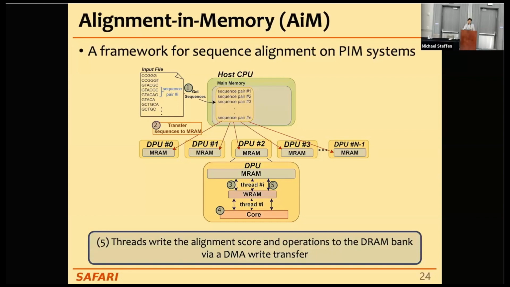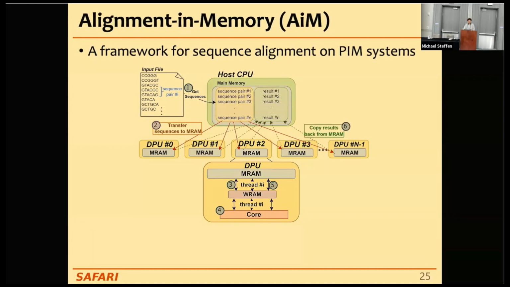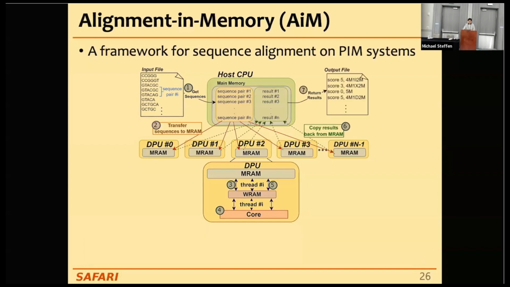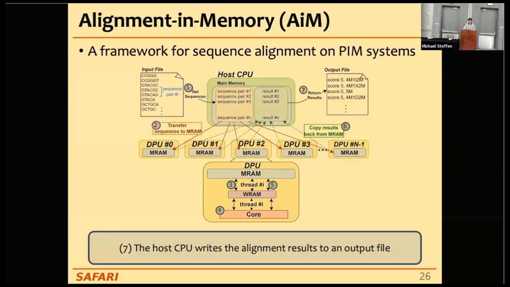And at that point, this alignment score and operations are accessible by the host CPU, which can copy the results back to the main memory. And at the very last step, the host may want to write the alignment results to an output file.